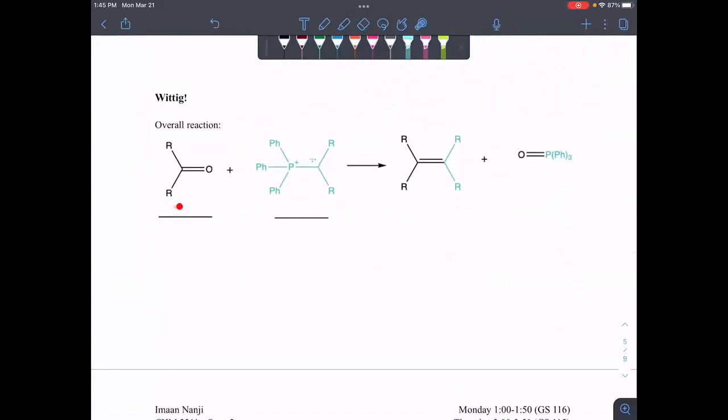So you start with the carbonyl, and then you have this thing, which is called an ylide. So the ylide has that form, but it can also take this form, because you see a lone pair, and it can just hop down there and do resonance.